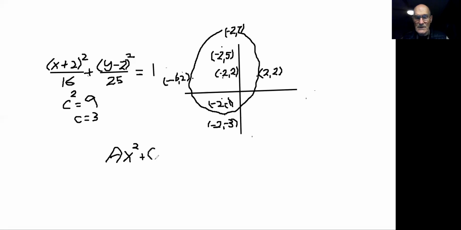This is a general equation for any conic section, which are the parabolas, the hyperbolas, the circles, and the ellipses.